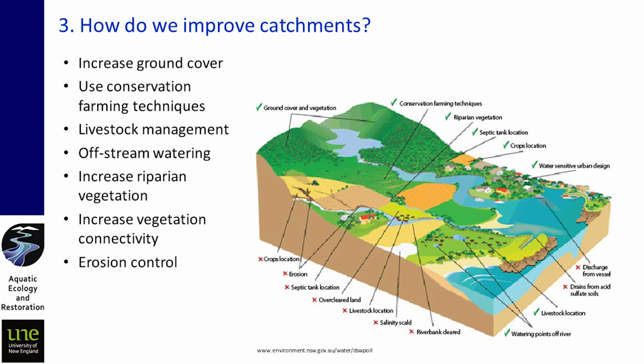But also, not just joining up those patches of riparian vegetation longitudinally upstream and downstream, but also thinking about joining them up to that remnant vegetation we have in our hill slopes and floodplains. So sort of looking at the spatial configuration of our vegetation patches and starting to look at joining those up.